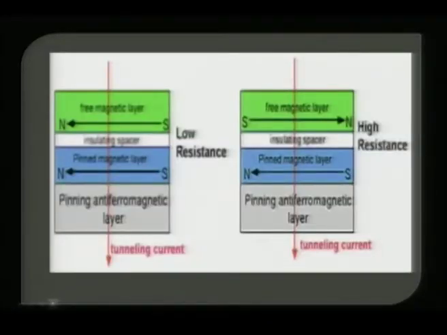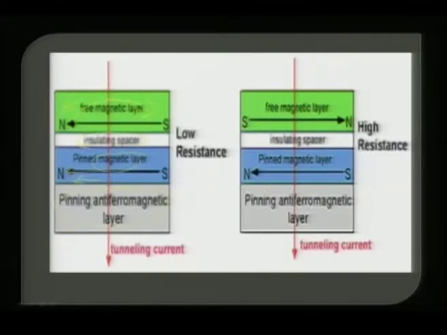Same thing you can do, you can pin a magnetic layer with an anti-ferromagnetic layer, therefore this moment will be fixed. This magnetic moment is fixed, and then instead of copper in the previous case, you can put an insulating layer. If you can pin this magnetization in this direction, then when you apply a magnetic field, the magnetic field can either rotate this in this direction or in this direction.